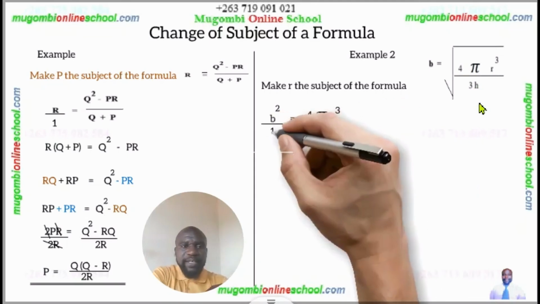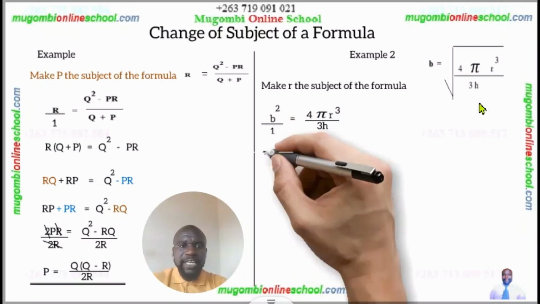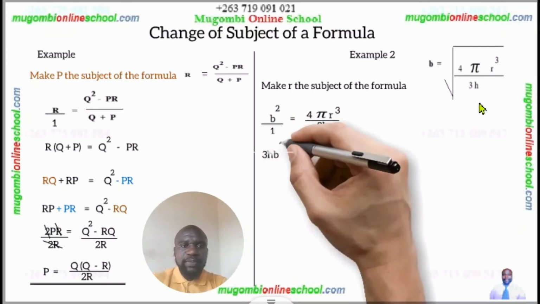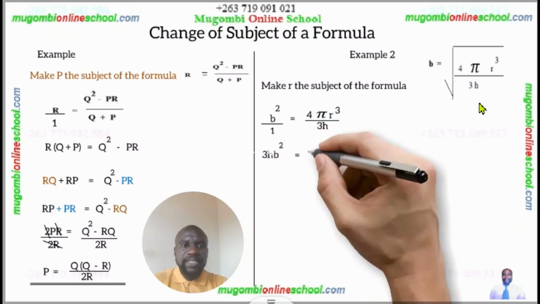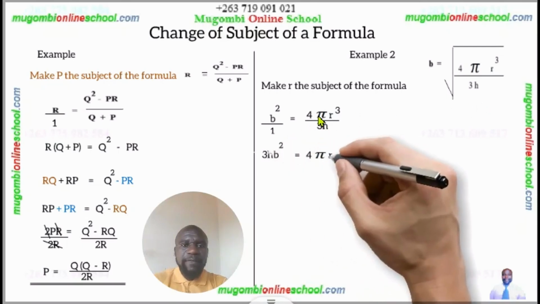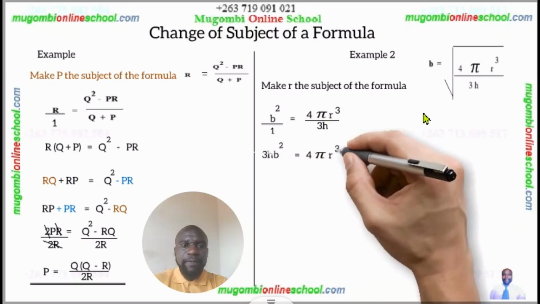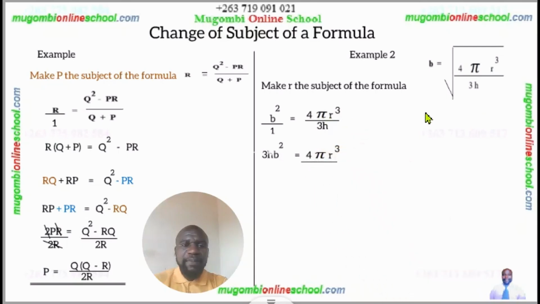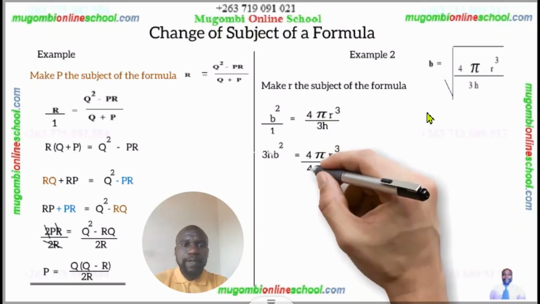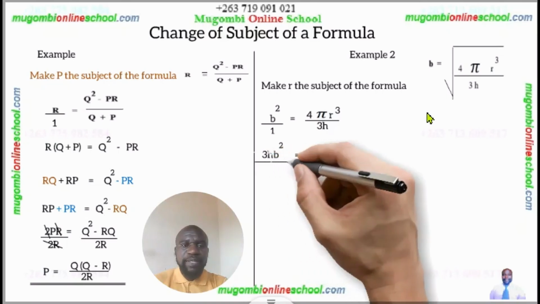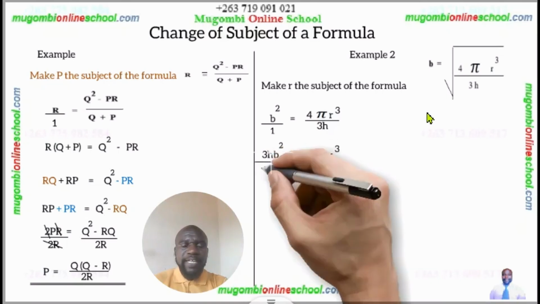So we are going to make the left hand side a fraction, and then we cross multiply, so it becomes 3hB squared, which is equal to 1 times 4 pi r cubed. Then we divide both sides by 4 pi for us to remain with r cubed.